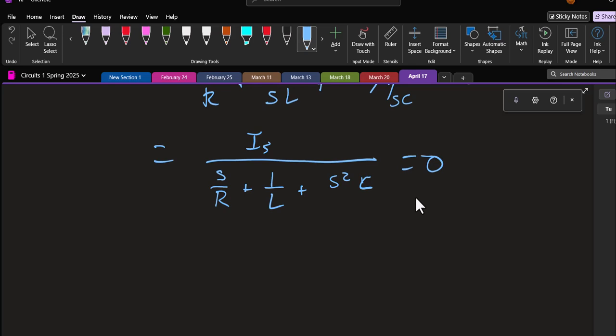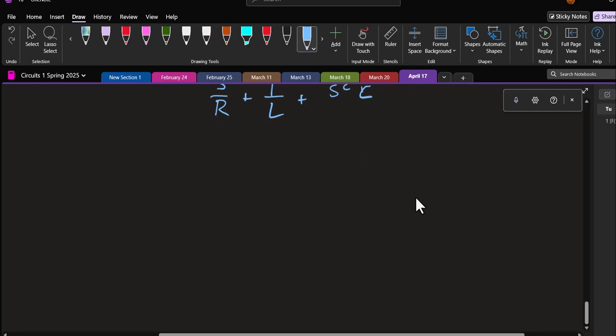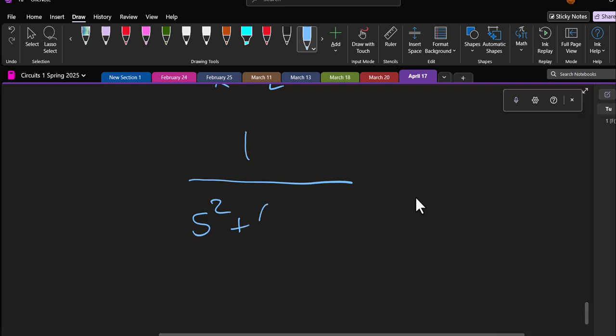If you are going to take this back into the time domain, you then have to take the inverse Laplace transform. And this is why you do partial fraction decomposition. Let's say it looked like 1 over s squared plus 6s plus 5.